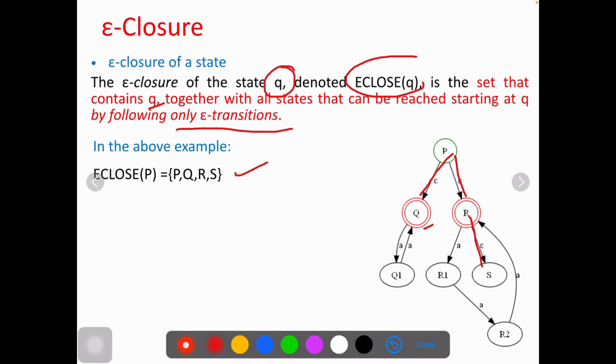So that means P, Q, R, S, without taking any input from P to reach P, Q, R, S. So that is the E-closure of P.